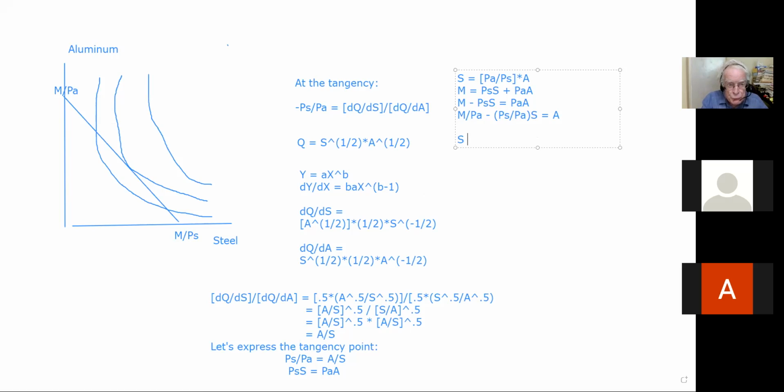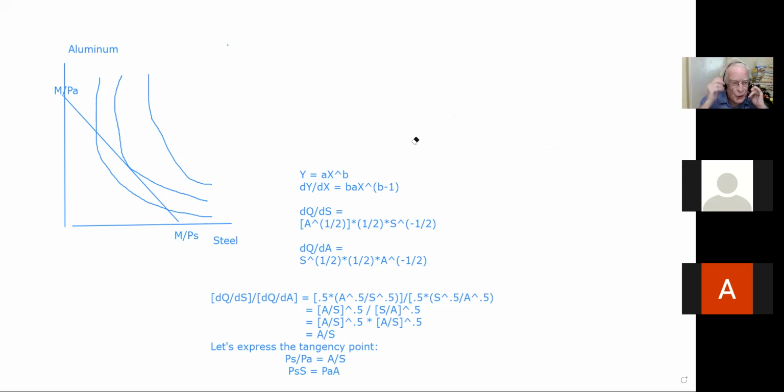All right, good. So let's plug in our expression for A into our input demand function for steel. Oh, I'm sorry, I didn't mean to wipe that out.